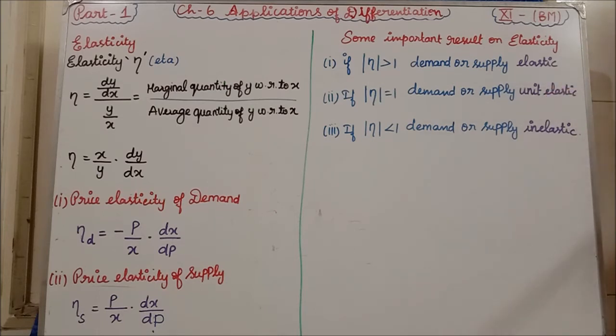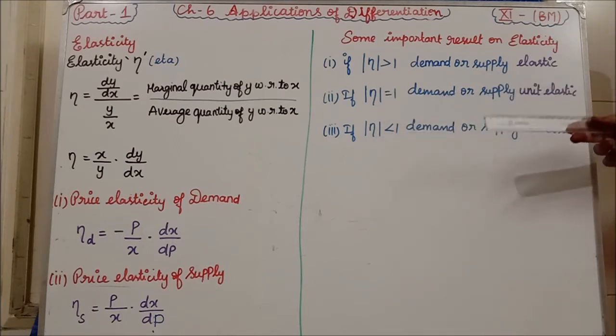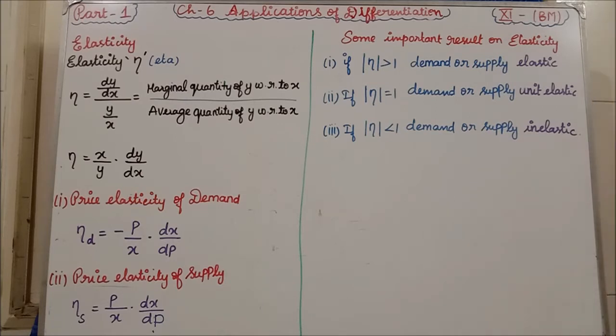If you get an eta value less than 1, the quantity of demand or supply will be inelastic. You have to say it like that. If the answer is greater than 1, you have to write therefore it is elastic. If it is less than 1, you have to write therefore inelastic. Clear, students? Now I have explained all the concepts we are going to use in exercise 6.1.